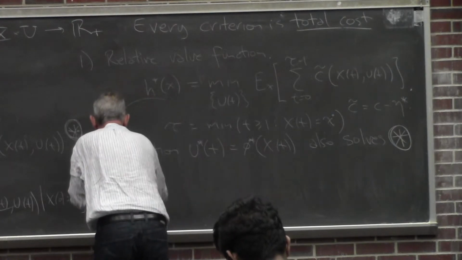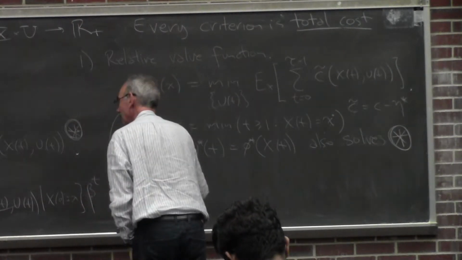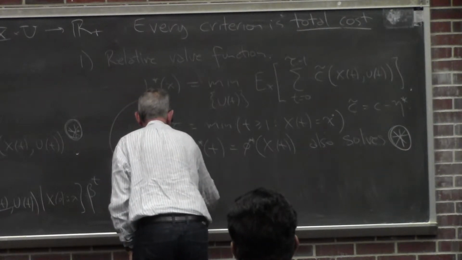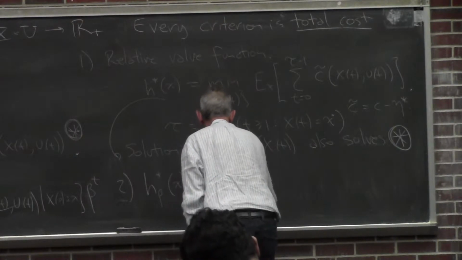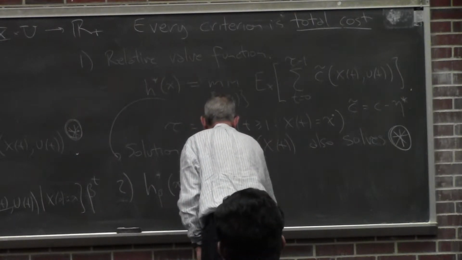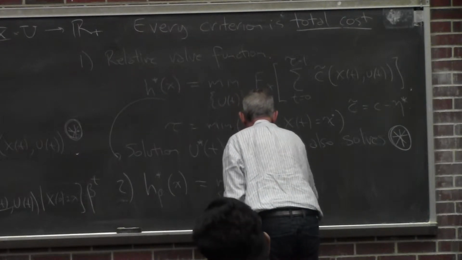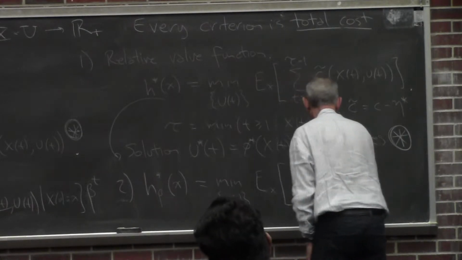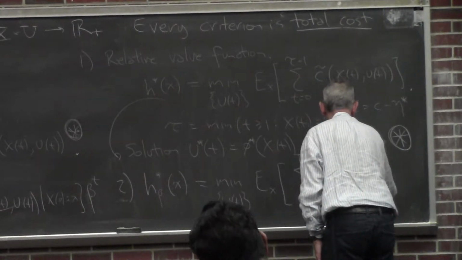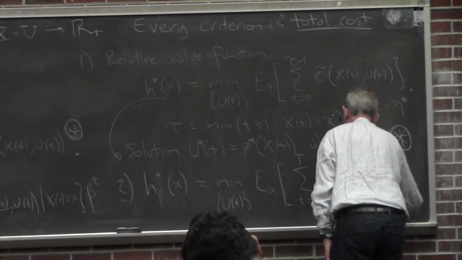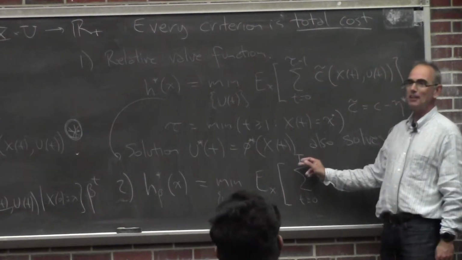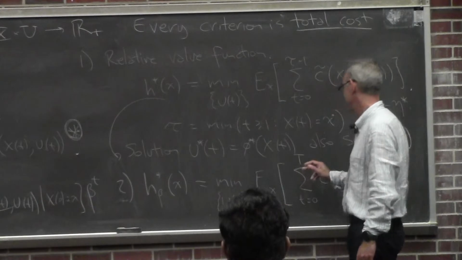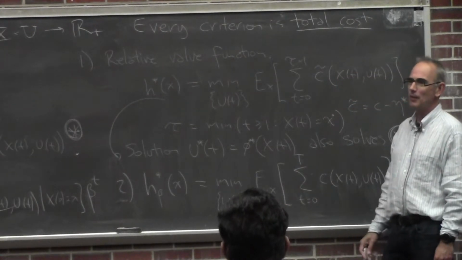And two, you can construct a random time so that this minimization problem is the same as this. And what kind of random time is it?